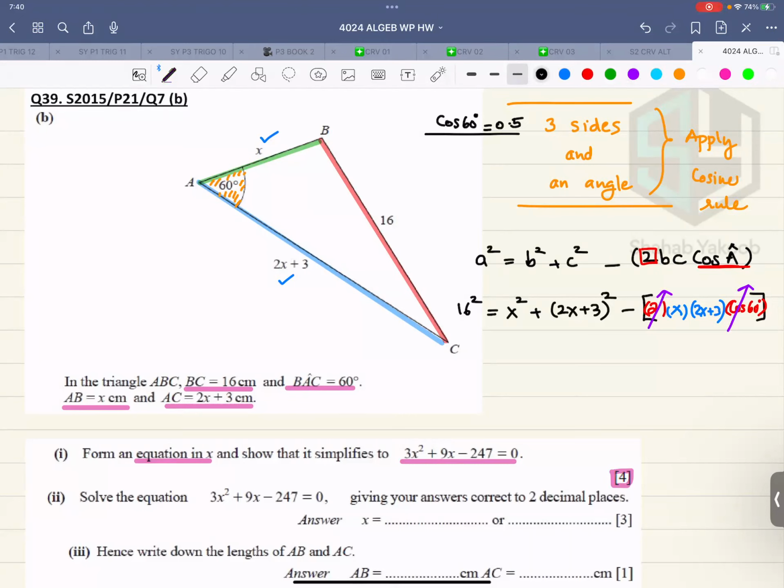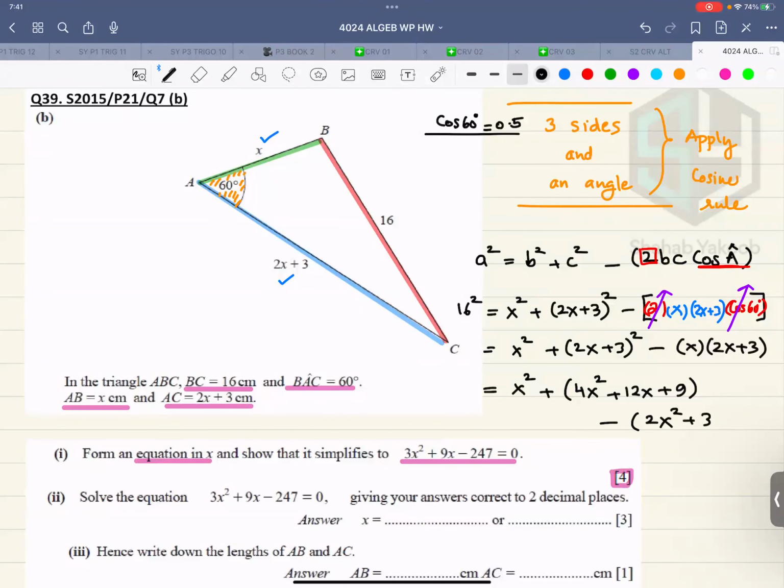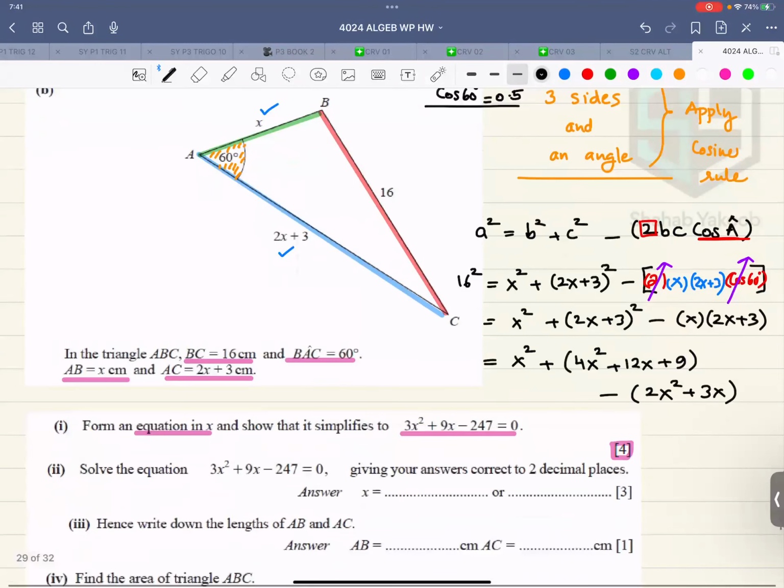And now we are getting X squared plus (2X plus 3) whole squared minus X multiplying with (2X plus 3). So therefore, this is X squared, this is 4X squared plus 12X plus 9, and minus this is 2X squared plus 3X. Let's go ahead and simplify.